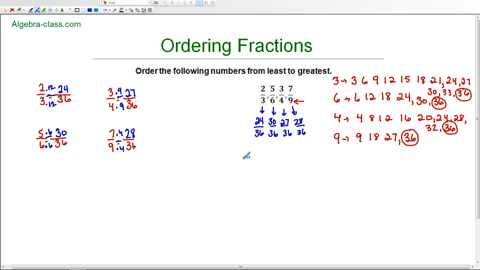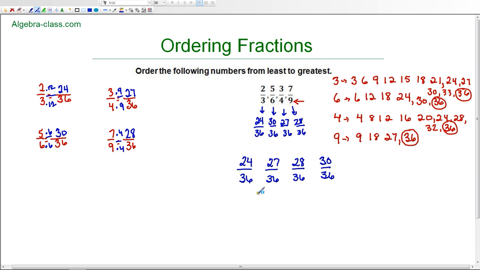So my smallest numerator is 24/36. And then my next smallest is 27/36. And then 28/36. And then 30/36.